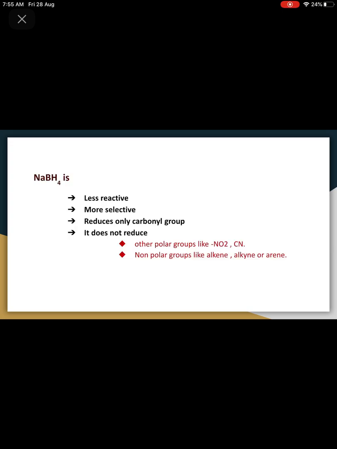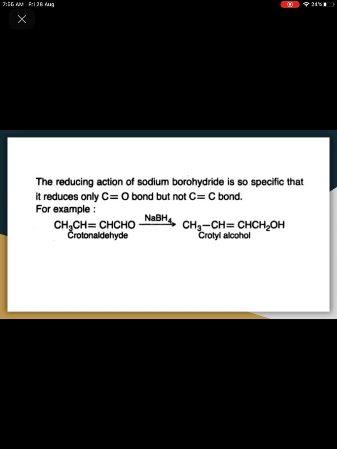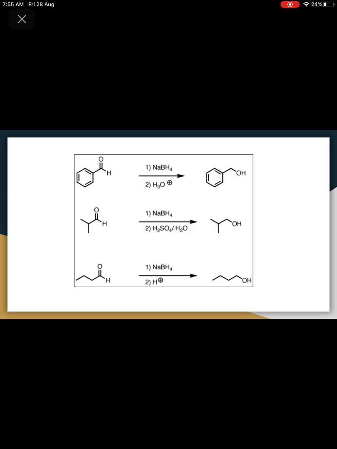This is NaBH4, which is less reactive, more selective, and reduces only the carbonyl group, not other polar groups like nitro and cyanide group, and not other non-polar groups like alkene, alkyne or arene. And these are the reactions.